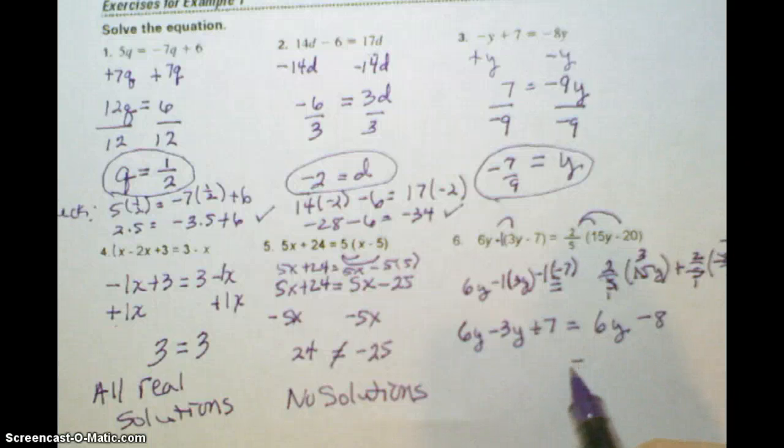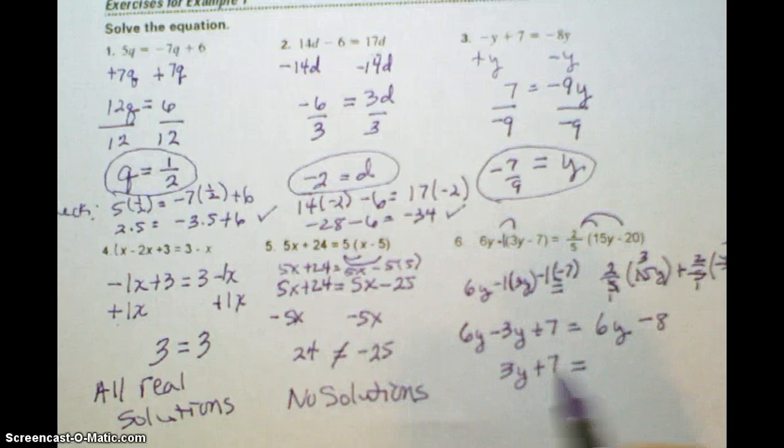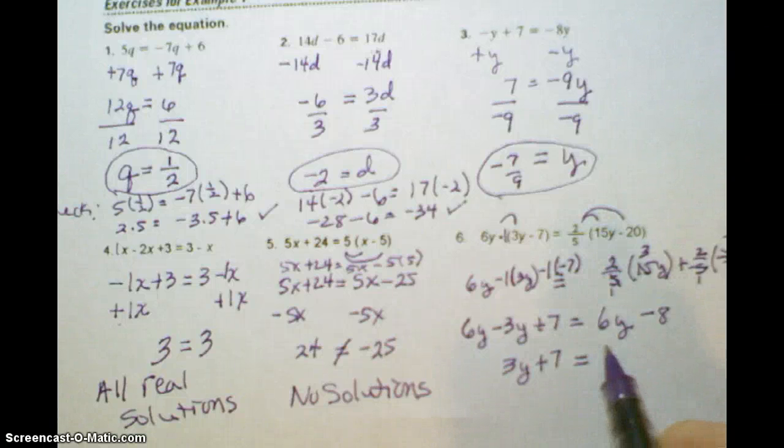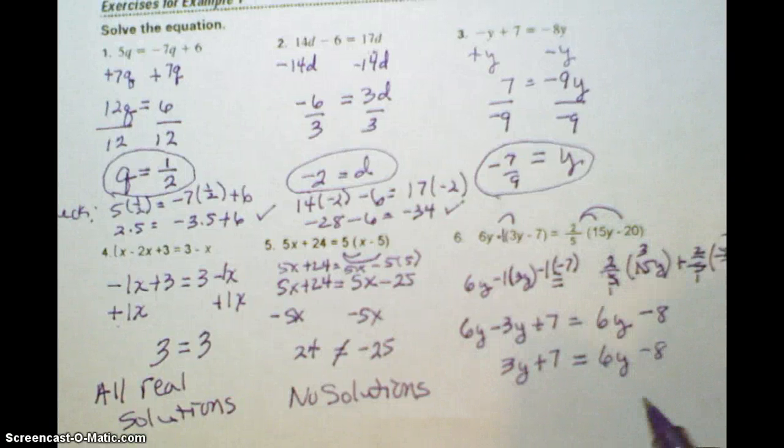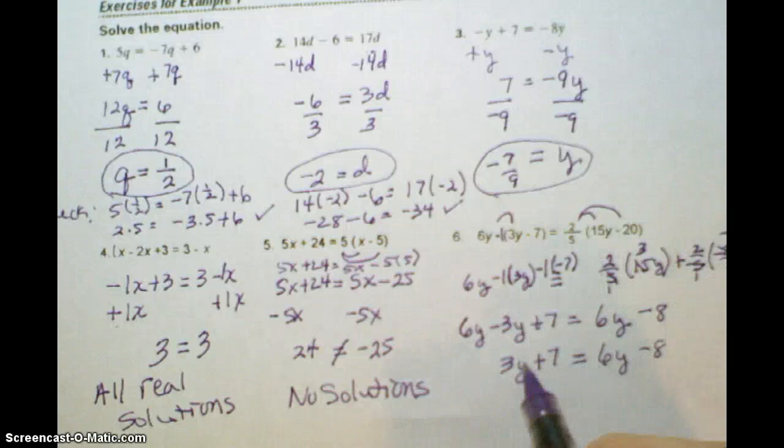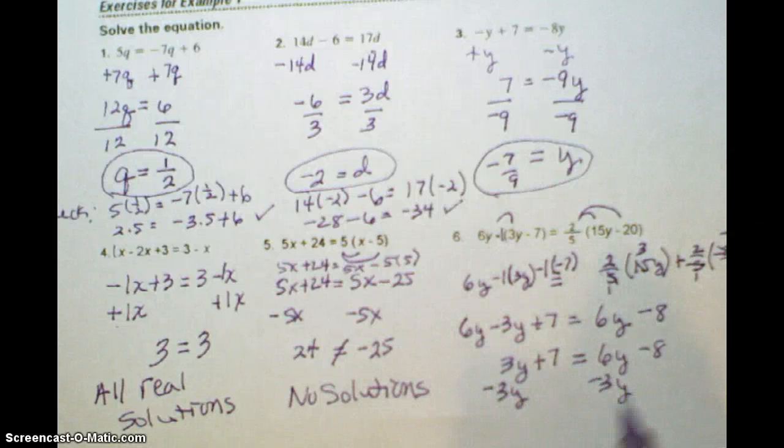Okay, now on this left side, 6y minus 3y is 3y. Bring down the +7. 6y minus 8. Let's gather like terms over to one side. I'm going to move this +3y over here, so that's going to be a -3y.